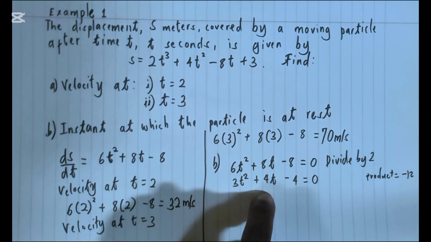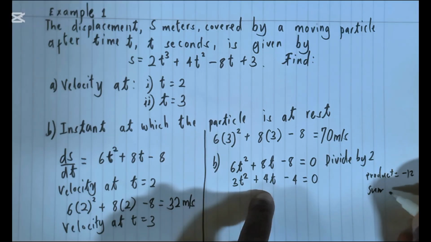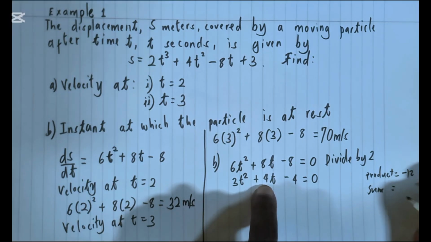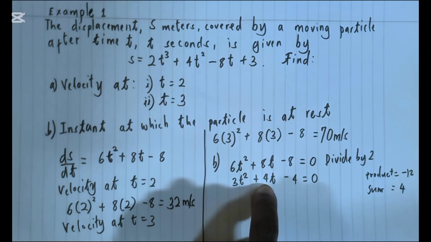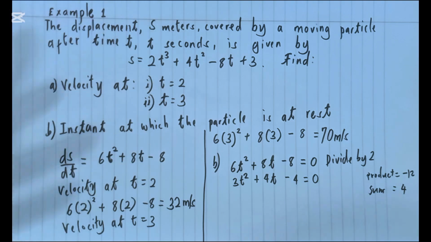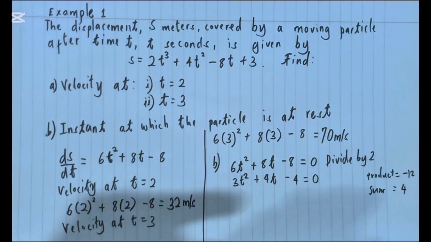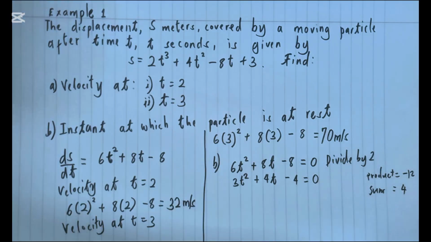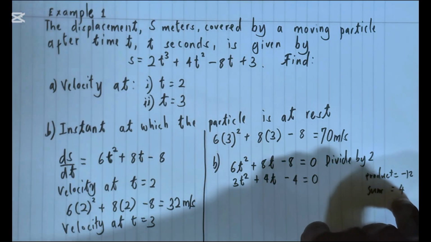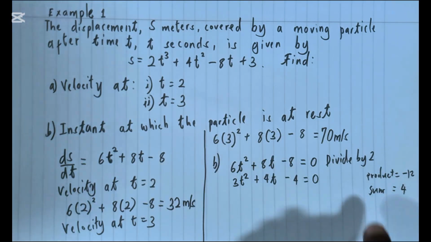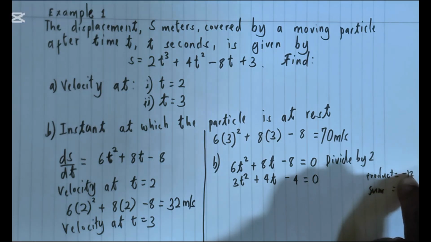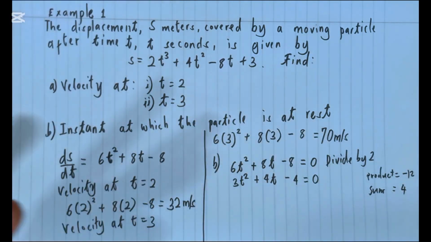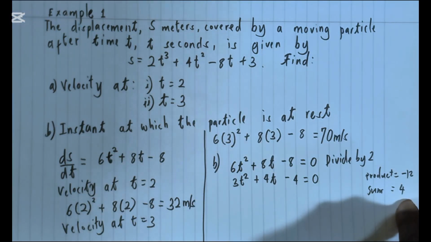Our sum is the value of b, which is 4. So what two numbers, when we multiply them, give us -12, and when we add them give us 4?